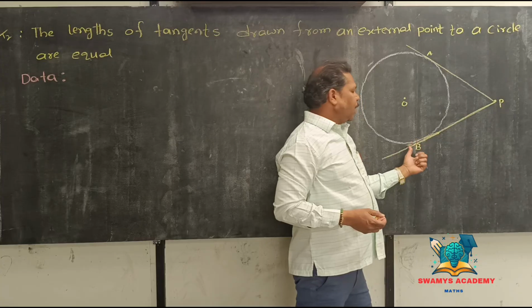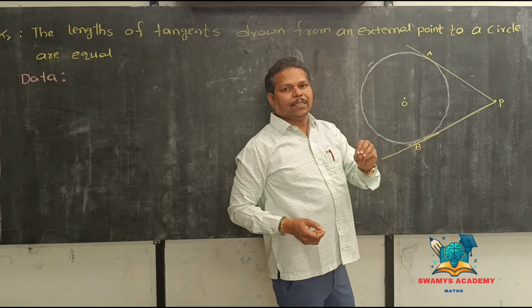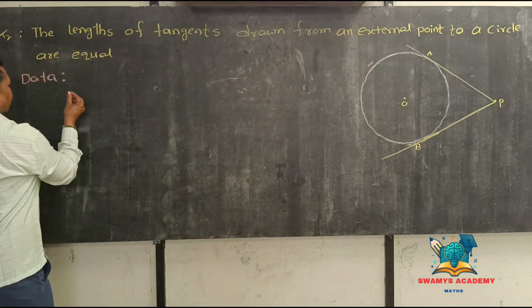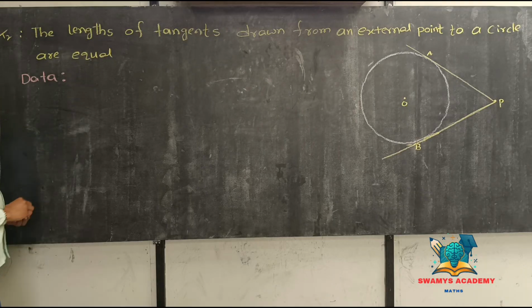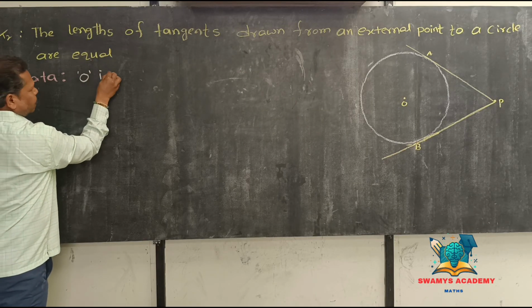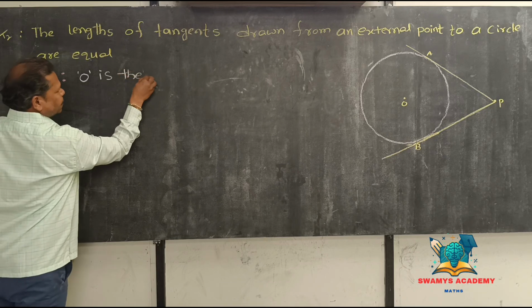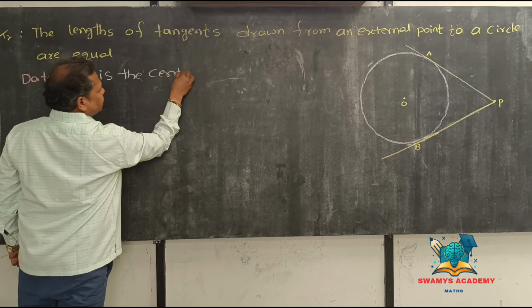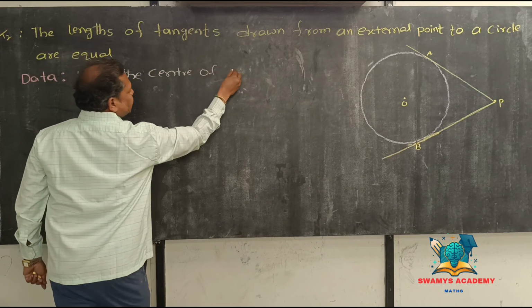PA and PB are tangents. That is the data. O is the center of the circle.